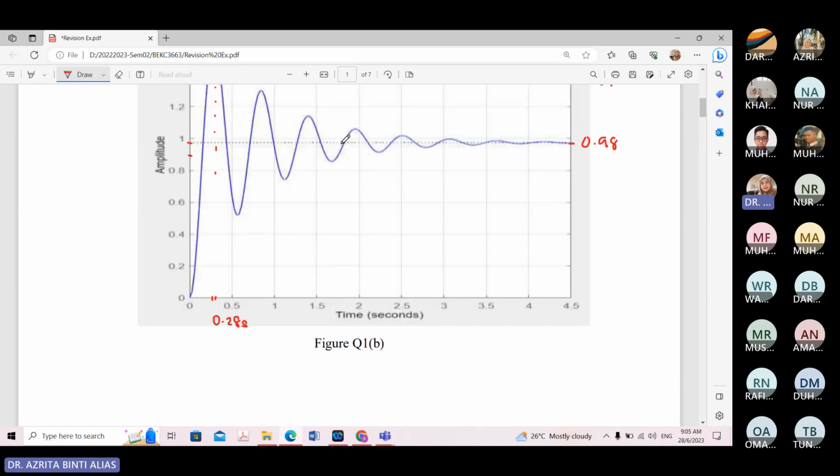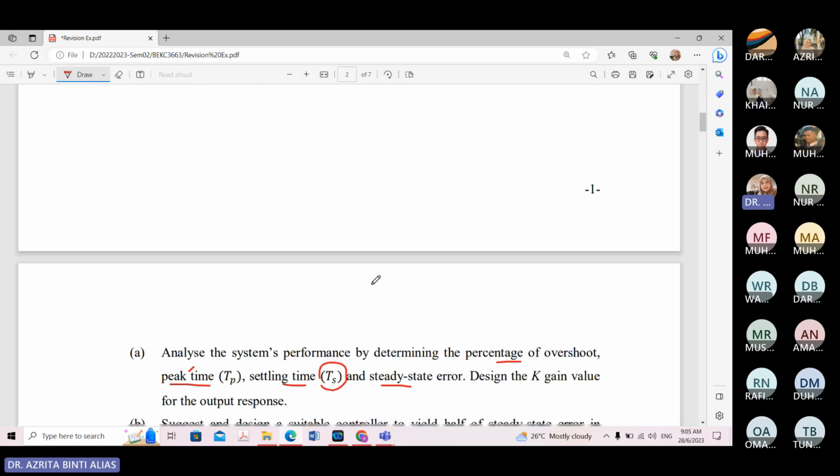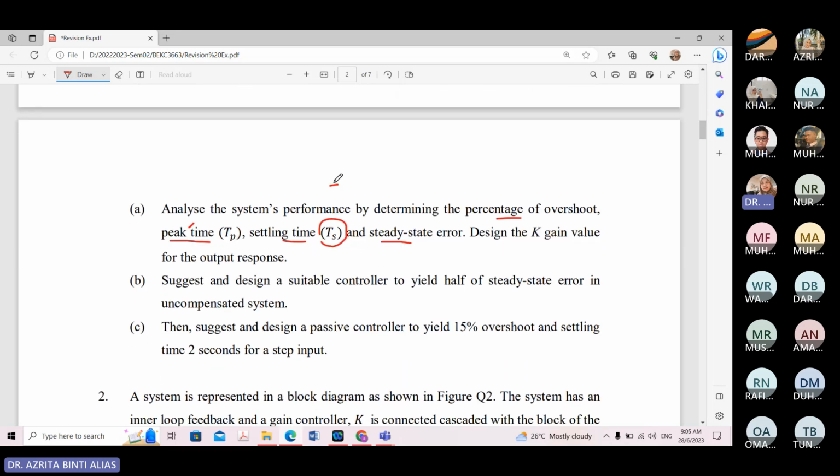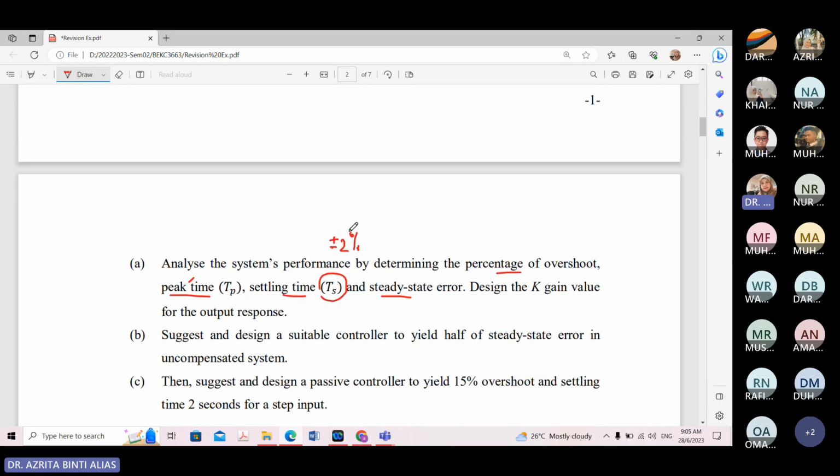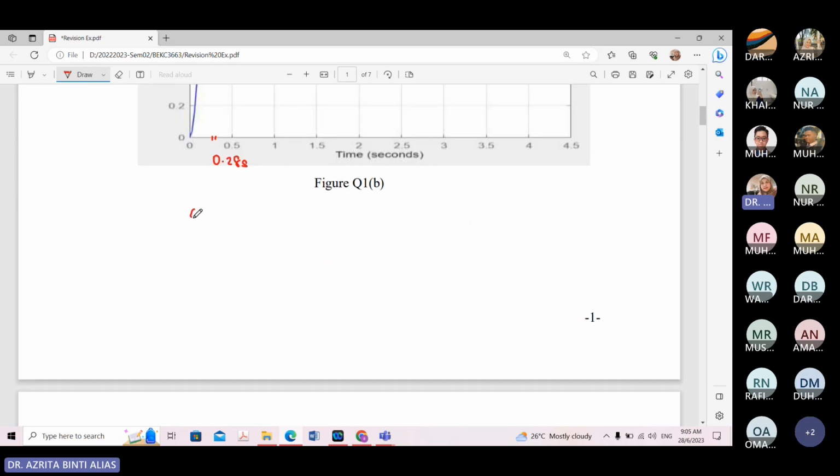For the settling time, we basically measure the settling time at plus minus 2%. If we assume plus minus 2%, that means you need to find C at plus 2%. So we put it as 1.02, where 1 is our C final.